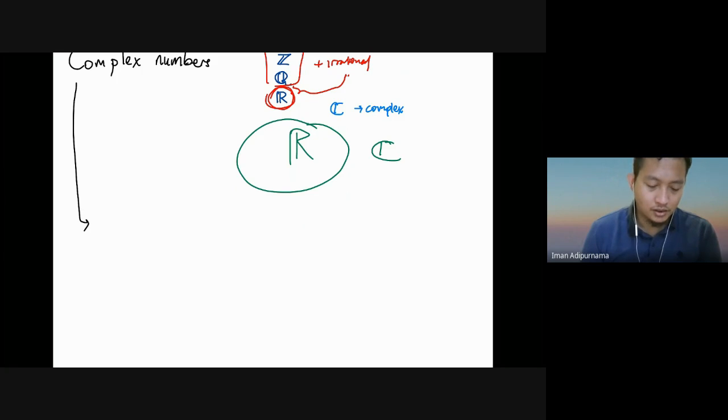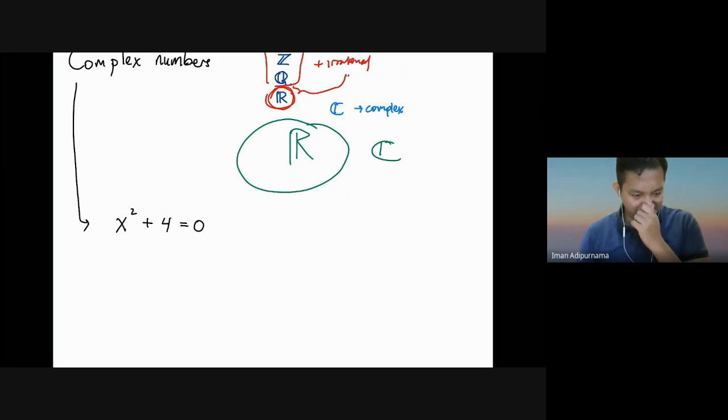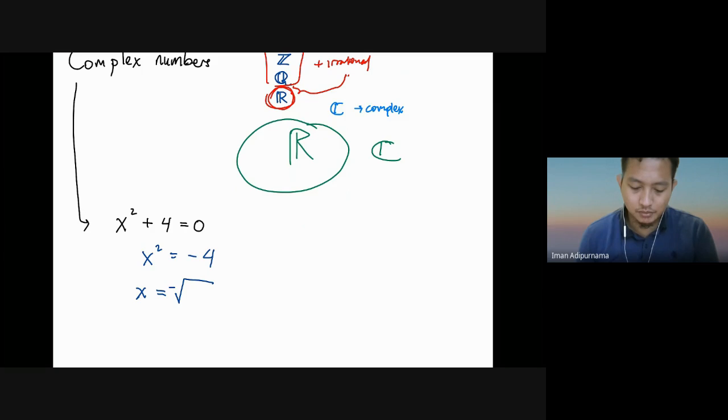Maybe we start from an example. If we try to solve this equation, if we want to solve for x, we will get x squared equal to this, and when we take the square root of both sides, we get plus minus.